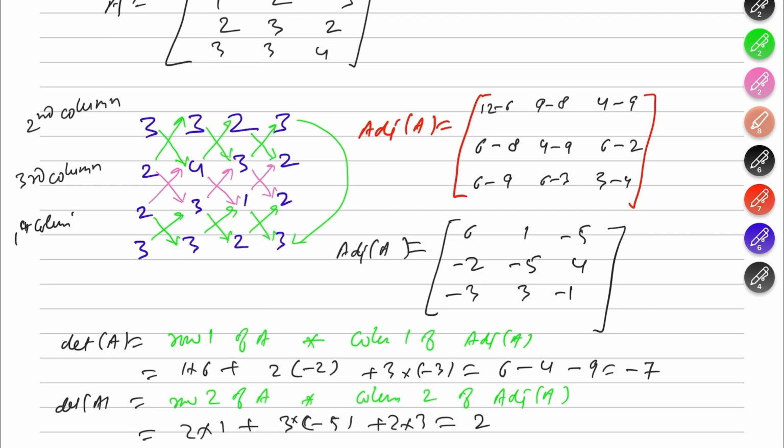So that becomes 2 minus 15 plus 6, that is again 7. Similarly, we can also get the same determinant if we multiply the third row with the third column.